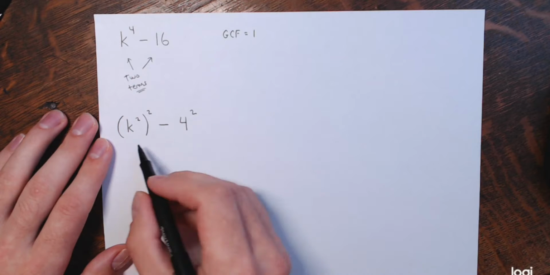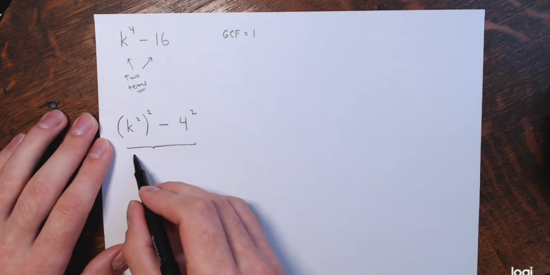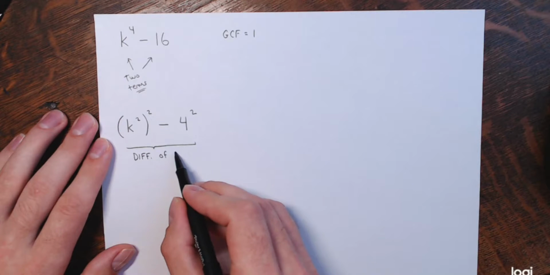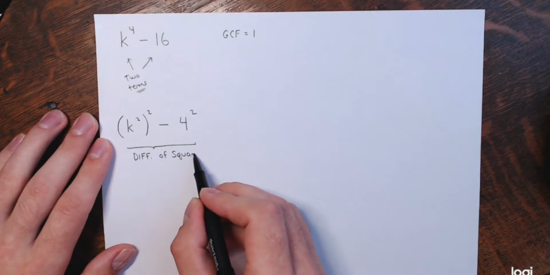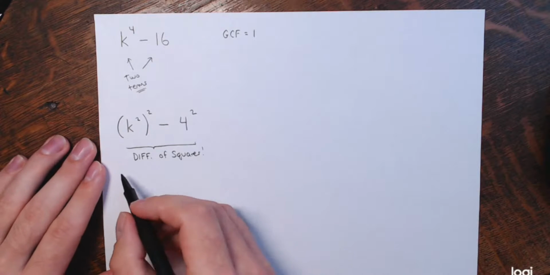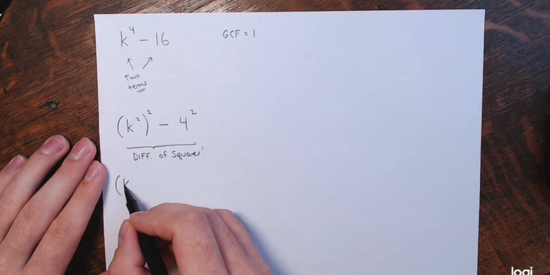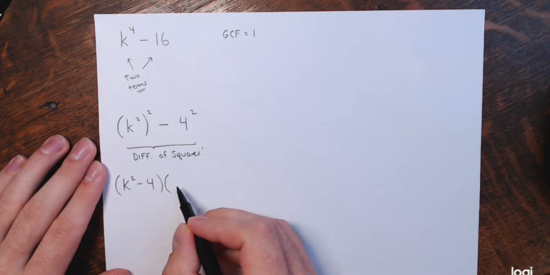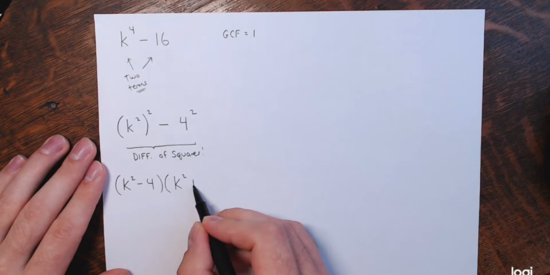So I do have a difference of squares. I'll put diff of squares. And again, I'm hoping you remember how to factor these. So this would factor to k squared minus 4 times k squared plus 4.